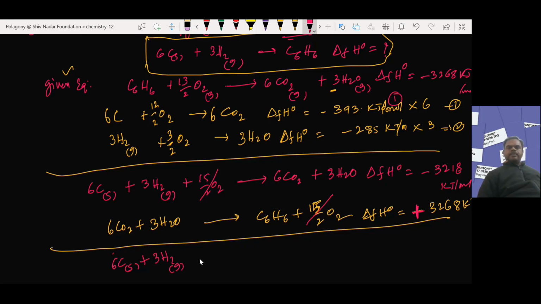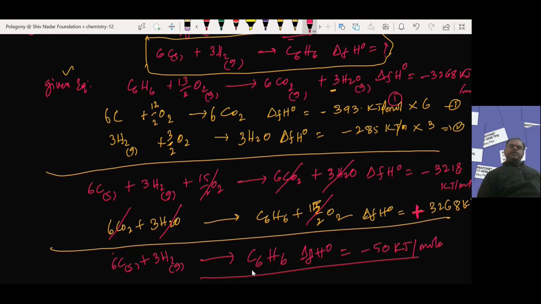The 6CO2, 3H2O, and the oxygen cancel out, leaving C6H6. The standard enthalpy of formation of benzene, if you combine this, we get -50 kilojoules per mole.